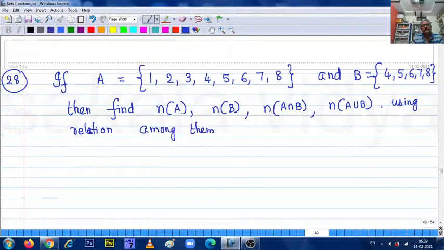Among them means using the relation n of A, n of B, n of A intersection B, n of A union B, using the relation among them. So that means better you write, change the question like this.